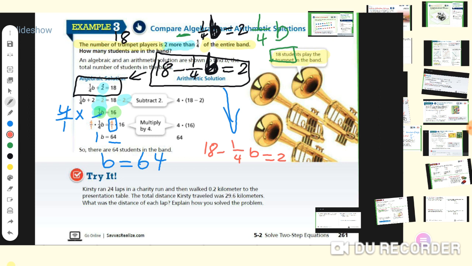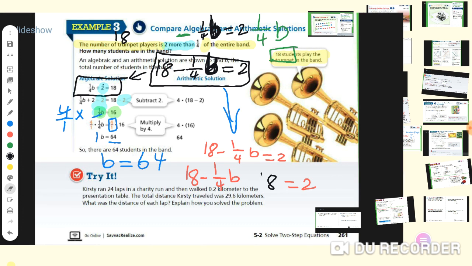So it should be 18 minus 1 over 4 B minus 18, and on the next side 2 minus 18. I'm sorry about this confusion. I add it with the negative sign.